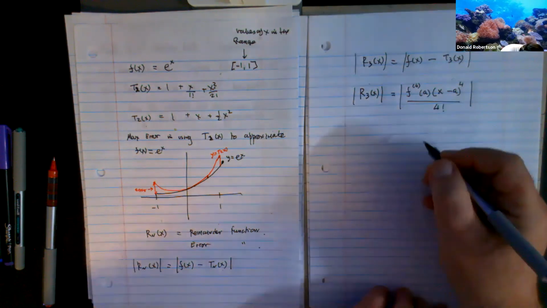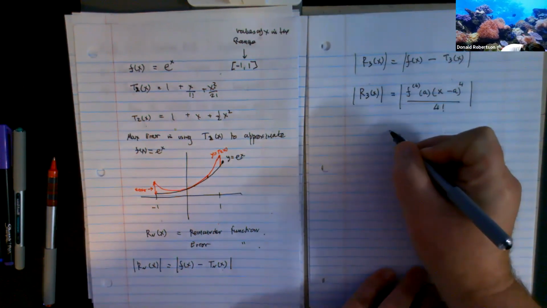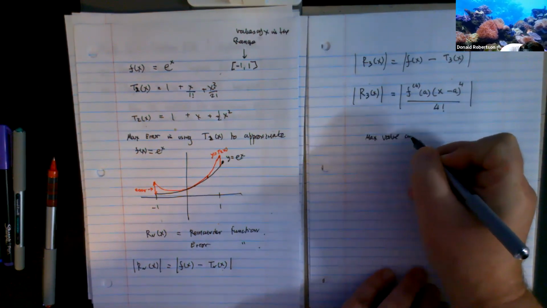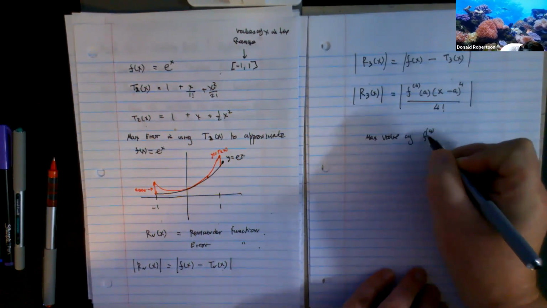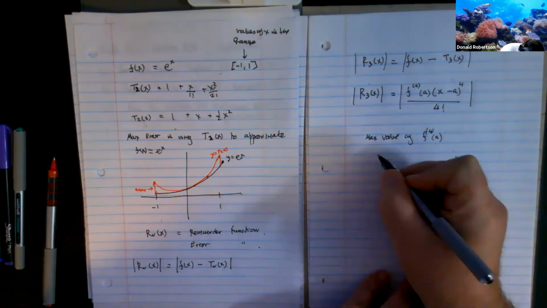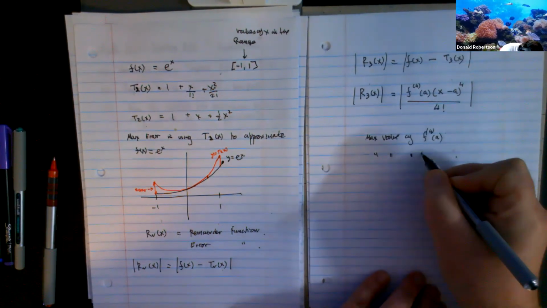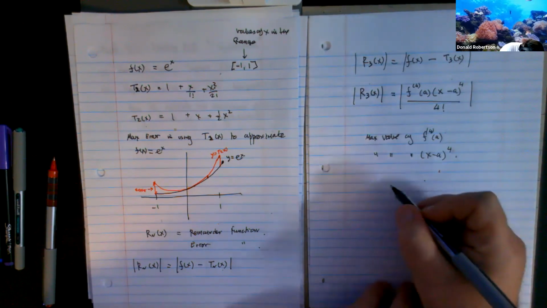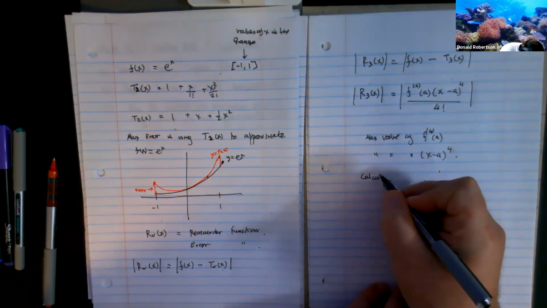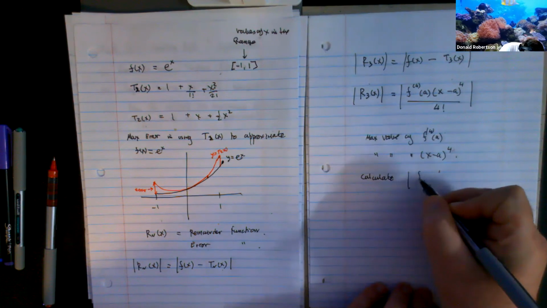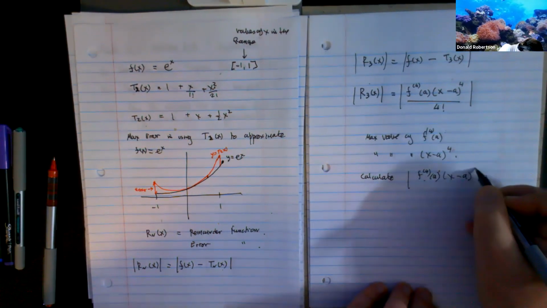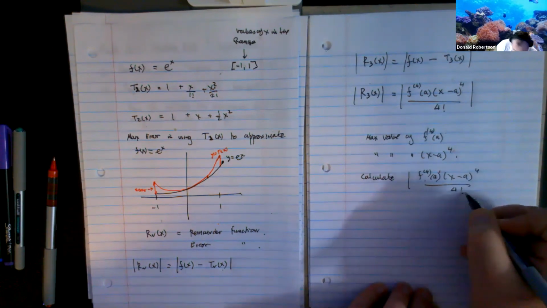Well, I just need to find the maximum value of the 4th derivative of a, the maximum value of (x minus a) to the 4, and then I can calculate this guy.